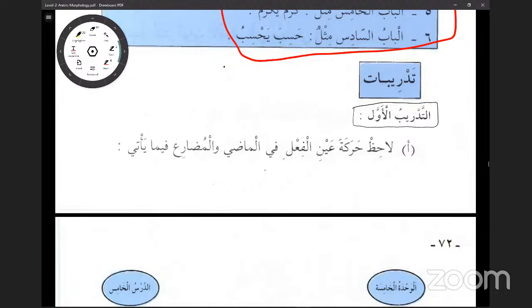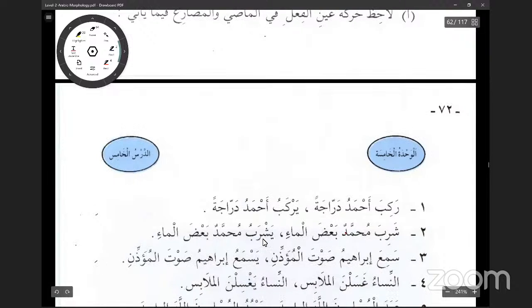The حركة of the عين الفعل in the past tense, and also in the present tense, in the examples that come. Okay, so we have to know the حركة of the عين in the ماضي and مضارع, because that's what these abwab are. النصر ينصر, we see that the حركة of the عين الفعل in نصر is فتحة, and then ينصر, it's ضمة. So we know how to move it from ماضي to مضارع.